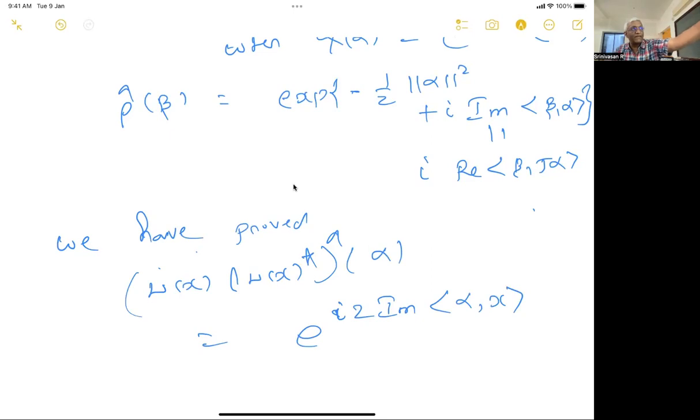There may be a minus, I'm not sure. We proved this earlier, times rho hat of alpha. Because of this, if rho is a Gaussian state with mean 0 and you conjugate with W of x, you will get the mean x for any x in C^n. So getting a Gaussian state with any mean in R^2n is not a problem. You conjugate a Gaussian state with mean 0 with W of x, and you get a Gaussian state with the required mean.